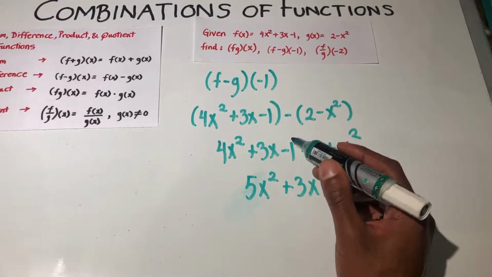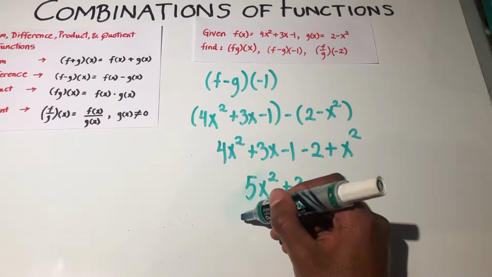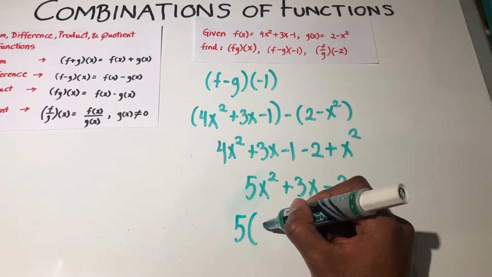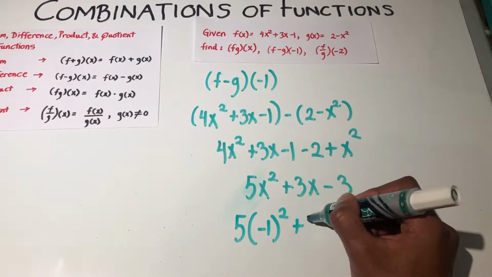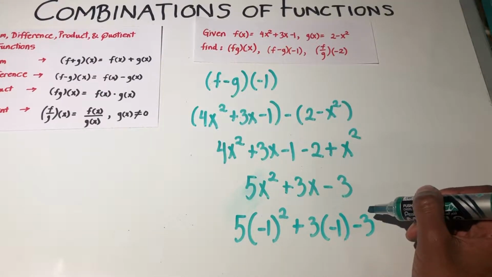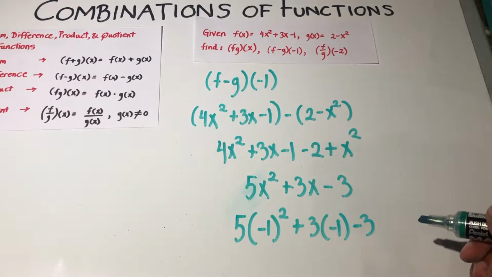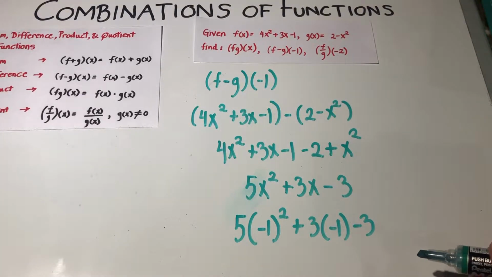Now we're going to replace x with -1: 5 times -1 squared plus 3 times -1 minus 3. Oh, I think I made a mistake here.